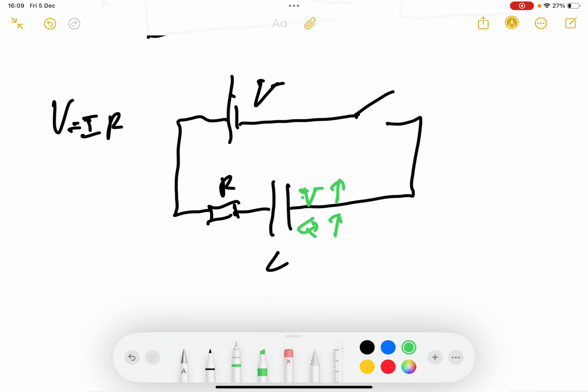The voltage across the resistor falls with time, because the voltage across the resistor plus the voltage across the capacitor must equal the voltage of the battery. And similarly, the current in the circuit falls with time as well. So because of all this time-dependent behaviour, we can use capacitors in lots of different timing circuits.